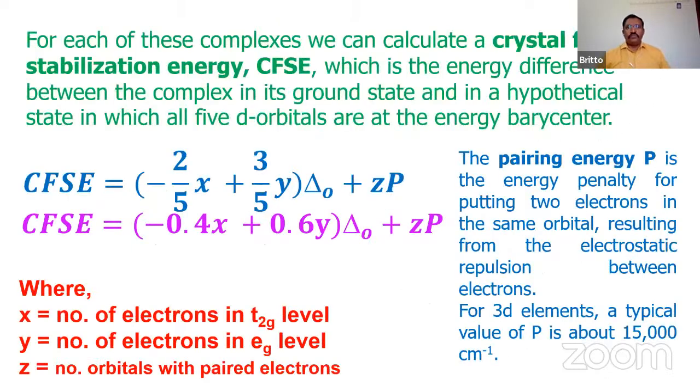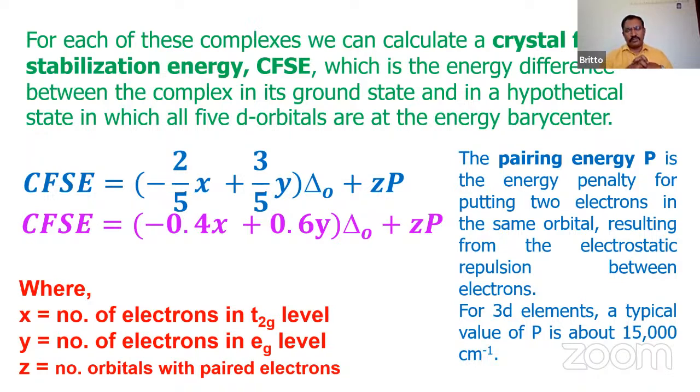Now, for each of these complexes, we can calculate a crystal field stabilization energy, which is the energy difference between the complex in its ground state and its split state.